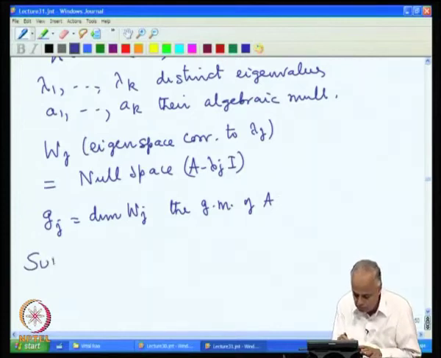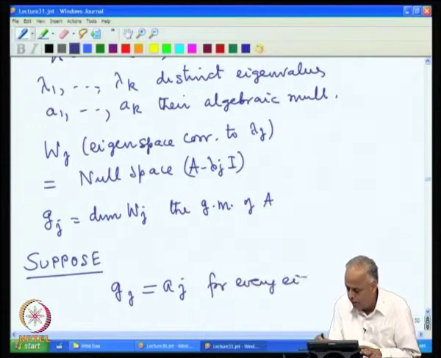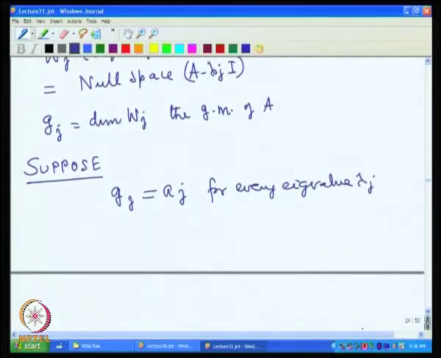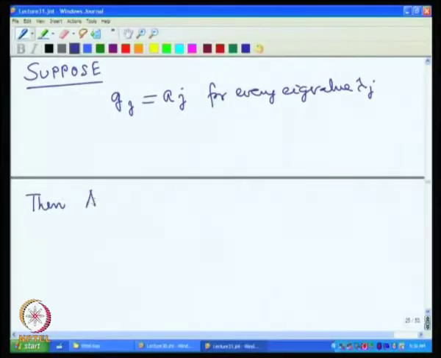Suppose G j equals A j for every eigenvalue lambda j. So, if the matrix A is such that the algebraic multiplicity is equal to the geometric multiplicity for every eigenvalue, then A is diagonalizable.